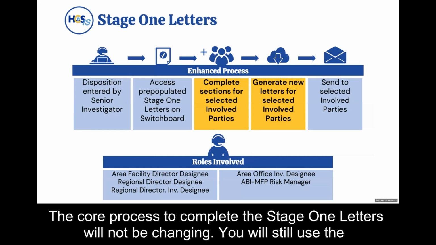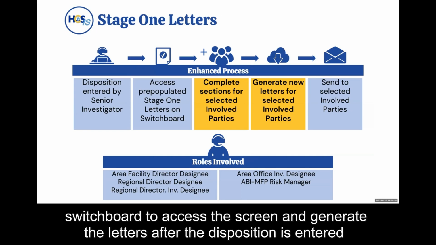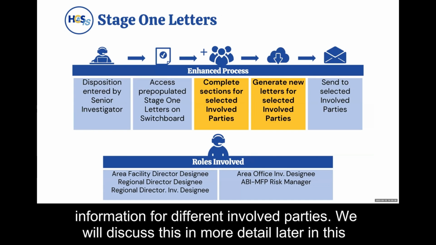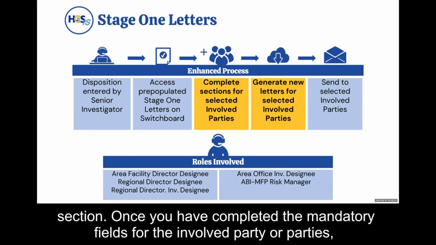The core process to complete the stage 1 letters will not be changing. You will still use the switchboard to access the screen and generate the letters after the disposition is entered by the senior investigator. The stage 1 letter screen has been enhanced to assist you in entering information for different involved parties. We will discuss this in more detail later in this section.